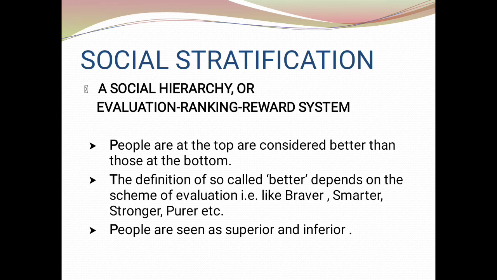In this domain or system of evaluation, those who are at the top, because they have fulfilled the criteria well, are considered better, and those who couldn't fulfill the criteria well enough and fell into the bottom tiers of their domain are considered lesser, or less better than those who fulfill the criteria properly. This creates the boundary between the individuals in a certain domain or this social system of evaluation.